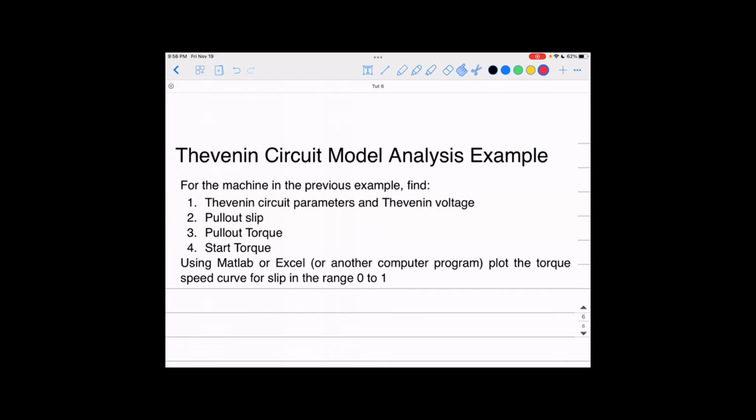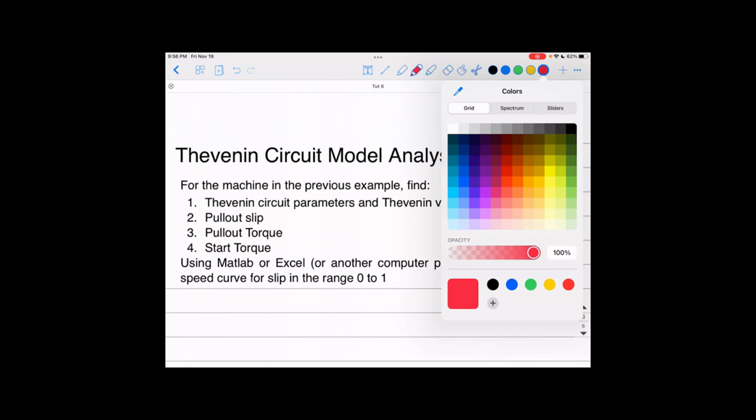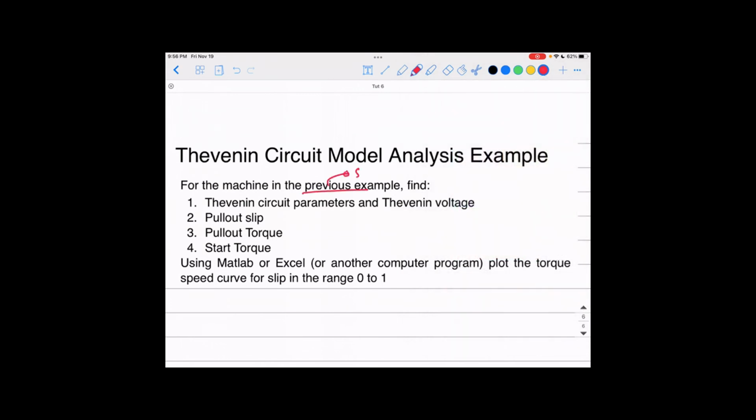When you say it's the machine from the previous example, he means the same ratings and parameters. So it had the same ratings, voltage, number of poles, frequency and all that, and the same parameters R1, R2, X1, X2 and Xm.